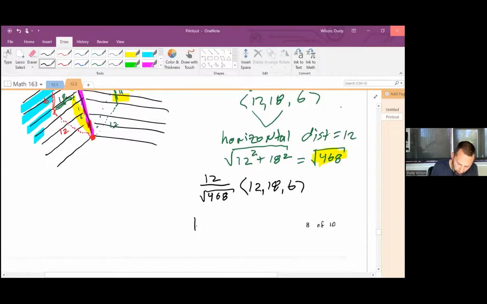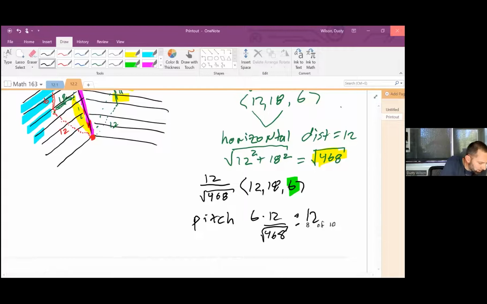So our pitch is going to be the vertical distance right here, the 6. 6 times 12 over the square root of 468, over 12 pitch. Or if we multiply all that out, 6 times 12 divided by the square root of 468.